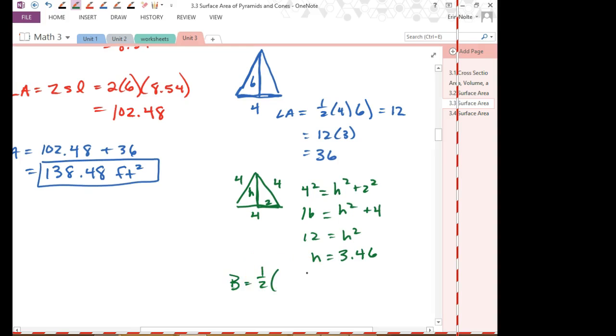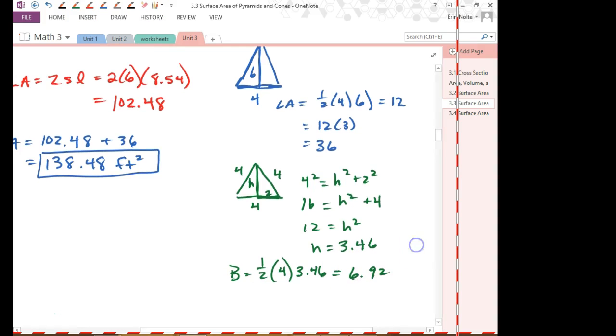So what's the base length of that green triangle? 4 times the height, which we found, 3.46, would be 6.92.